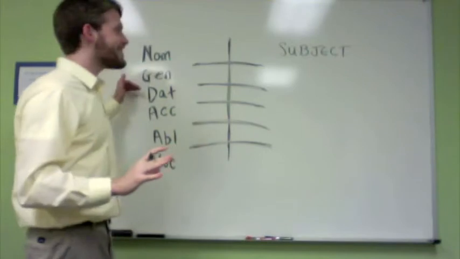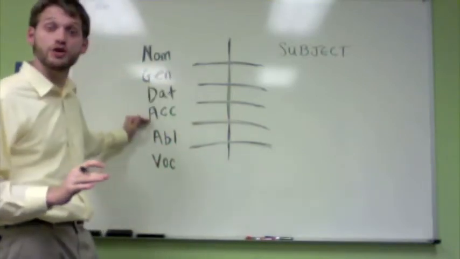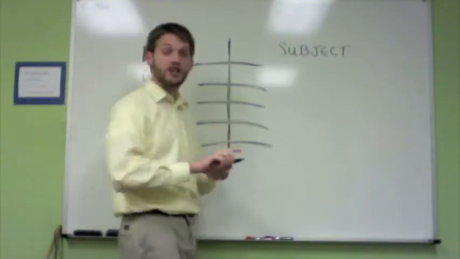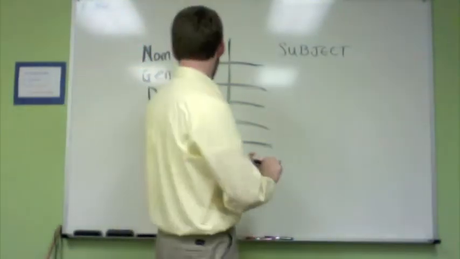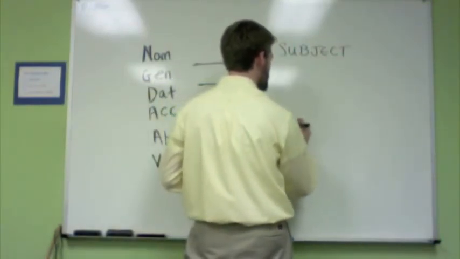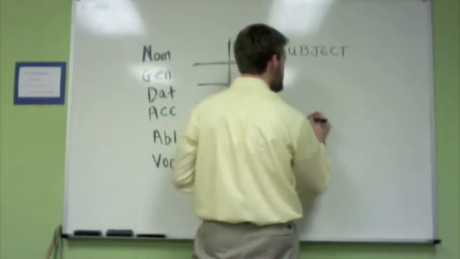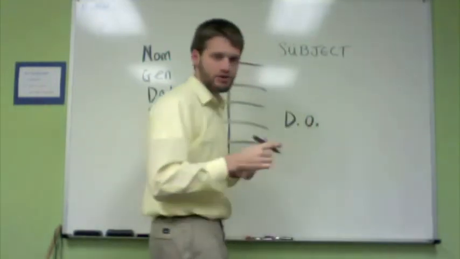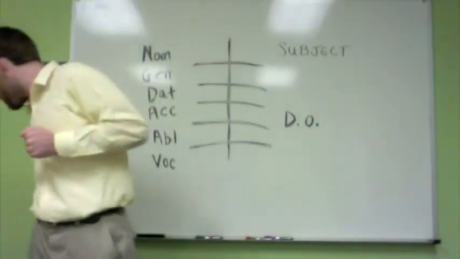Okay. Then the genitive. Actually, I'm going to skip the genitive for a second. I'm going to come down to the accusative. With my students, I talk about the accusative. Think of like a court of law, like I'm accusing you of something. And when you accuse somebody, you point right at them. So think of it as you're pointing directly at them, and the accusative is your direct object. It immediately receives the action of the verb.